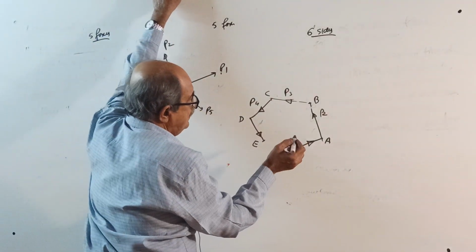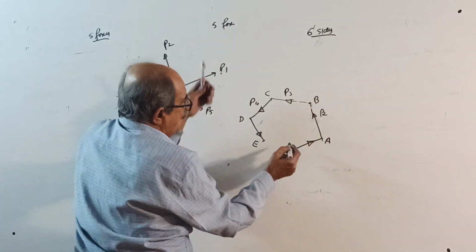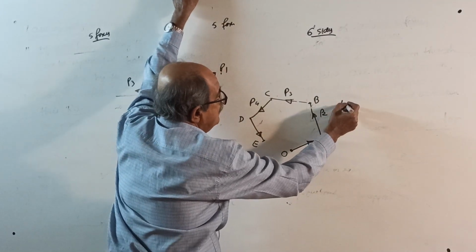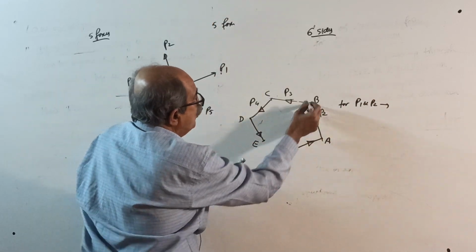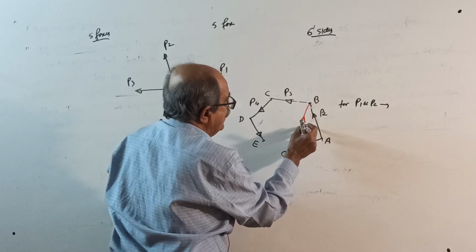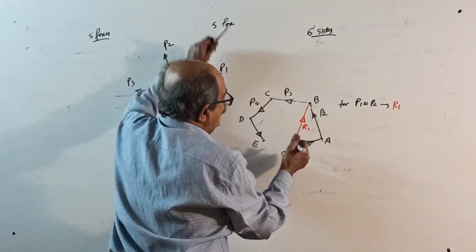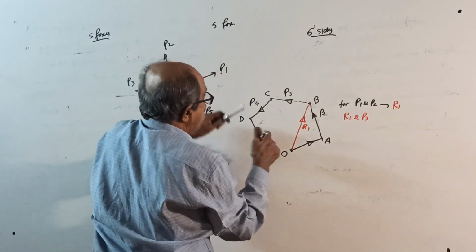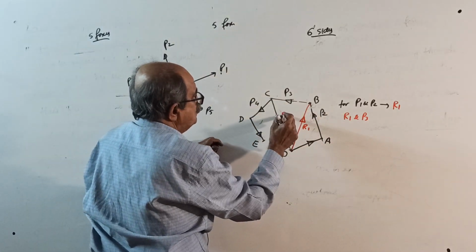Now see, by the law of triangle of forces, for P1 and P2, OB is the resultant. Say resultant R1. Then for R1 and P3, this is the resultant, R2.